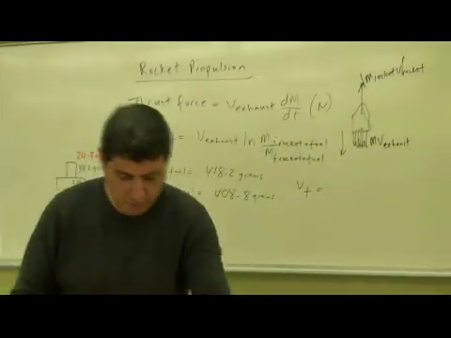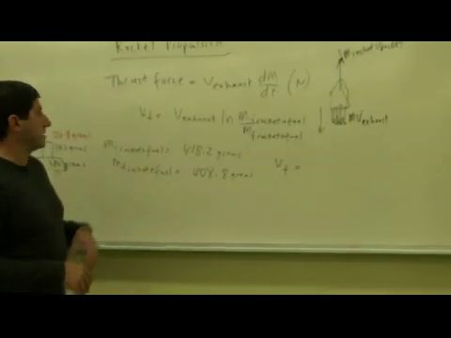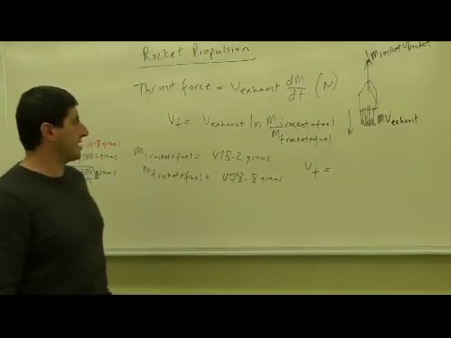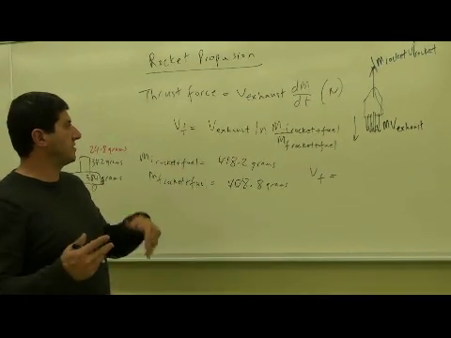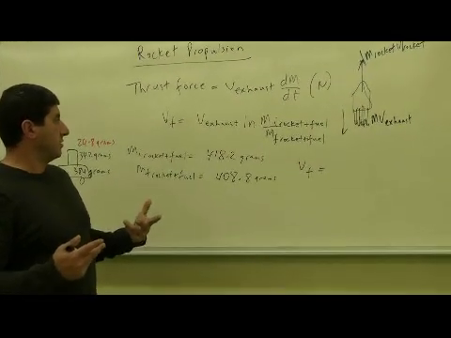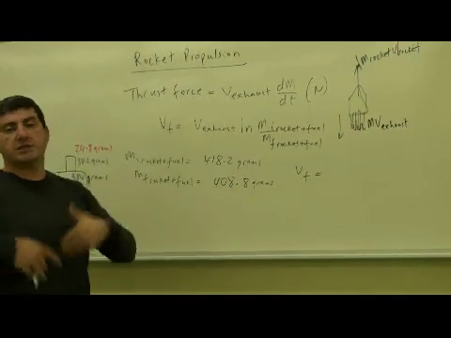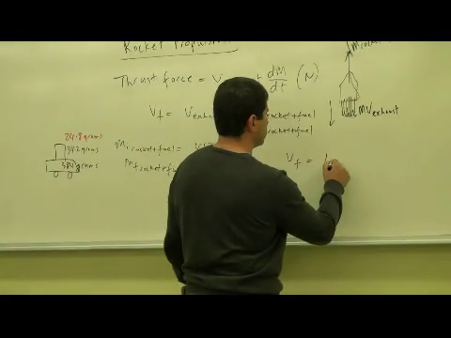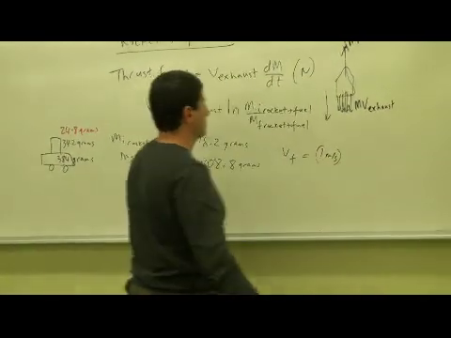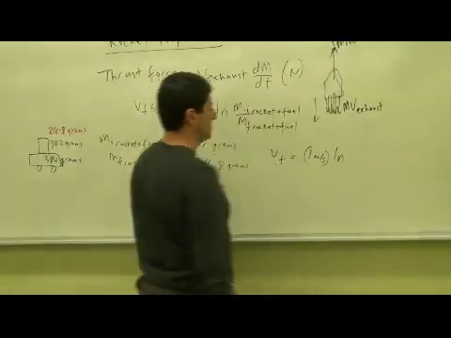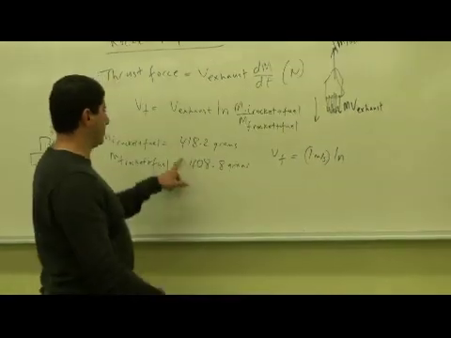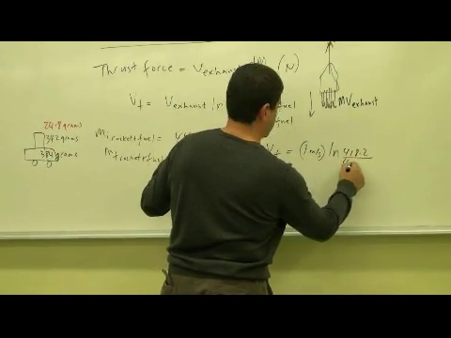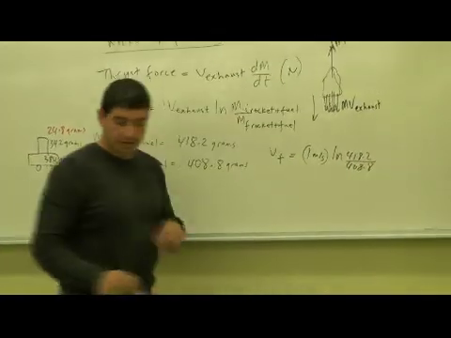So what's the velocity of the rocket, in our case the cart? Let's assume the initial velocity of the cart is 0. What's the velocity of the exhaust? That one is sort of an unknown here. Let's just assume for a second that the velocity of the exhaust is 1 meter per second. The gas is coming out at 1 meter per second. Then we take the natural log of the initial mass, 418.2, over 408.8.